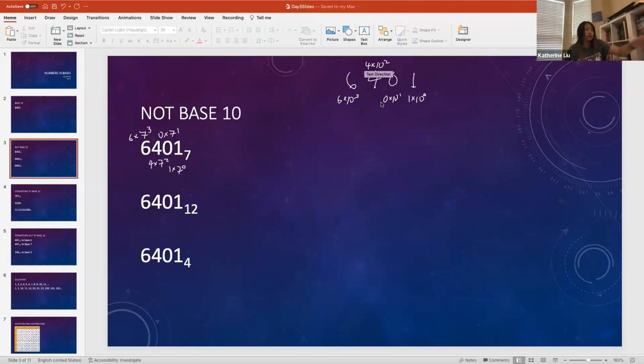So it's literally the same thing as we did over there, except every 10 is now a 7. So then we know that this number has a value of 6 times 7 cubed plus 4 times 7 squared, and then plus 1. This is literally just what bases mean.